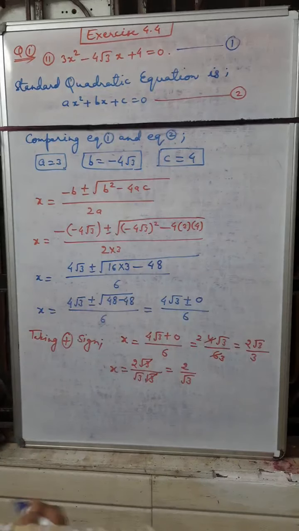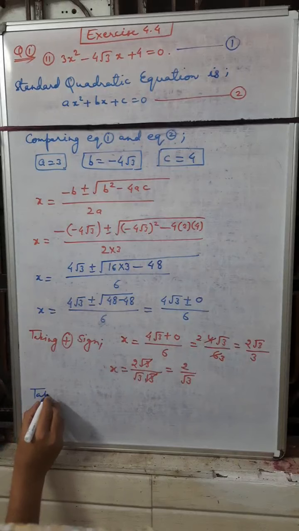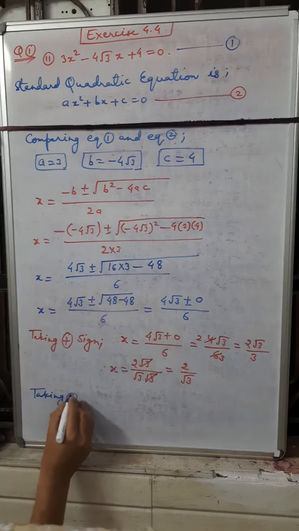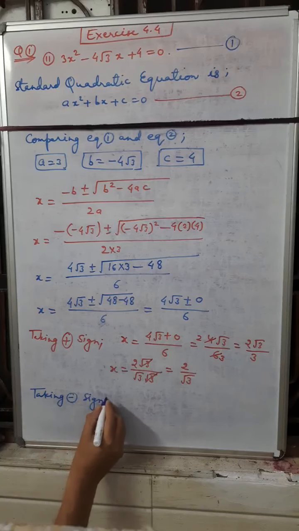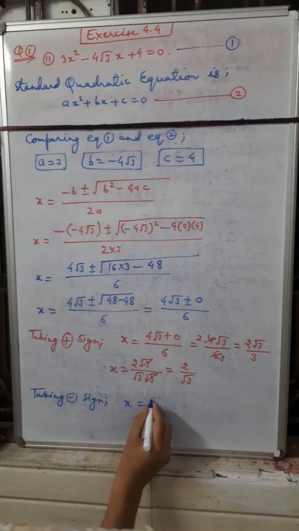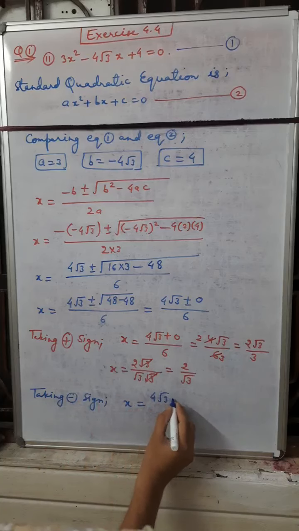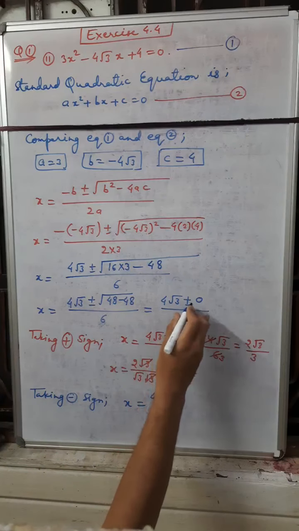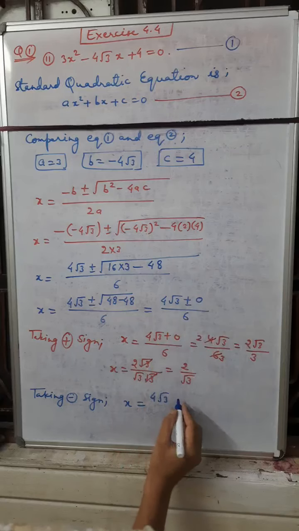Now the second condition, if we take the minus sign. What result do we get? x = 4√3 minus 0 over 6.